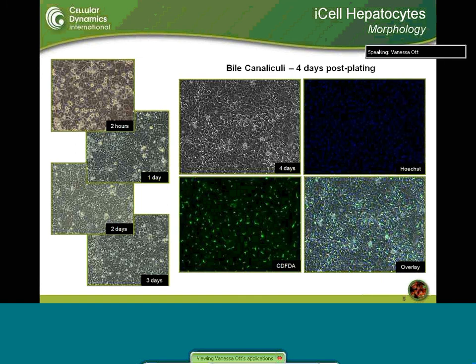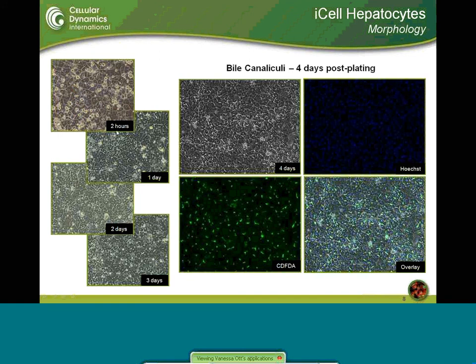This slide shows some additional examples of morphology, and specifically on the left, it shows what the morphology looks like over time post-plating. You can see that the cells really sit down and form a monolayer as quickly as 2 hours post-plating. After plating, we recommend a media change after 4 hours to get rid of some of the dead cells on the top of the culture.